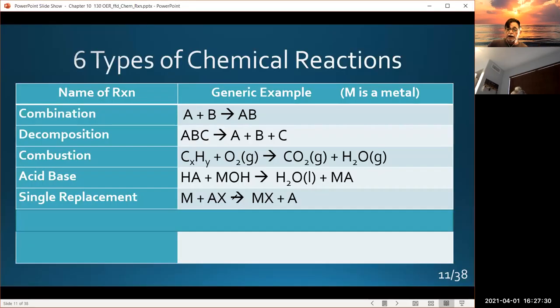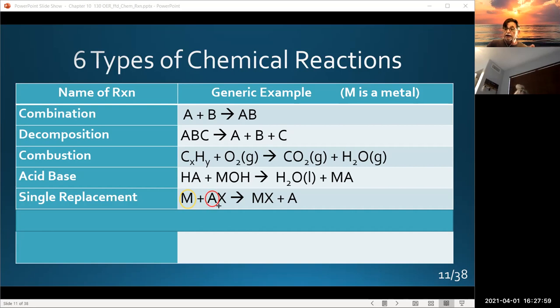Now, if we look at the equation, you can see that we have two metals here. We have the metal M, which could be any of the metals. The key thing about the metal M is that it is in elemental form. It is an element the way it's written. It's not combined with anything, okay? And then the other metal, in this case A, is combined.